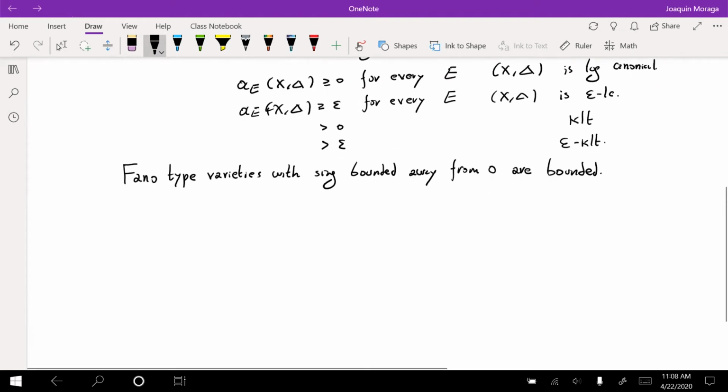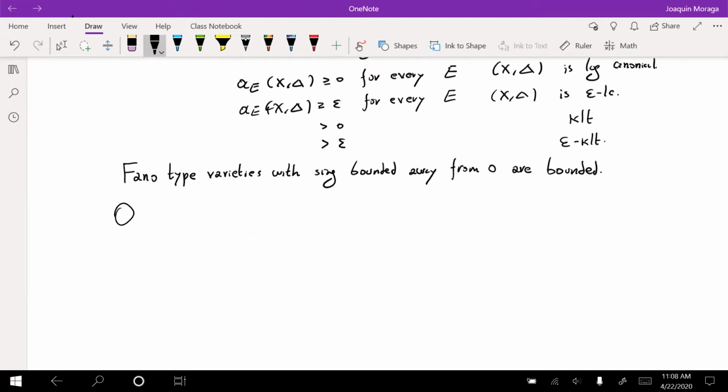So one of the motivating questions I've been thinking about for most of the time is, is there a local version of BAB? Which I guess a lot of people have thought about this question, and there are various answers around possible conjectures. I think some people think that ACC for minimal log discrepancies is actually the local version of BAB. So I've been playing with this question for a while to try to produce new research.